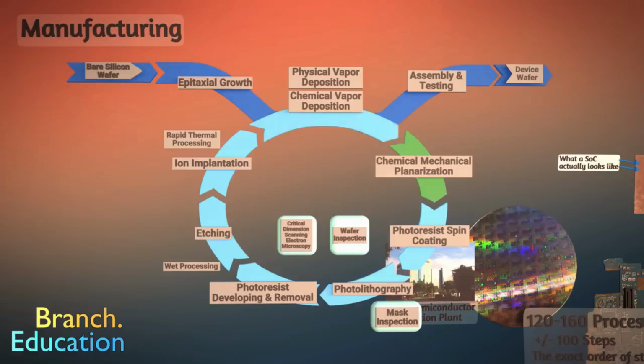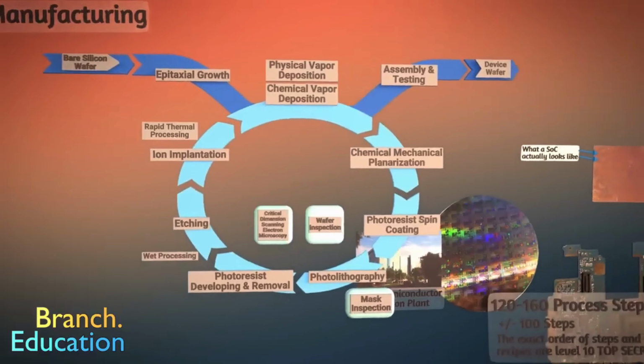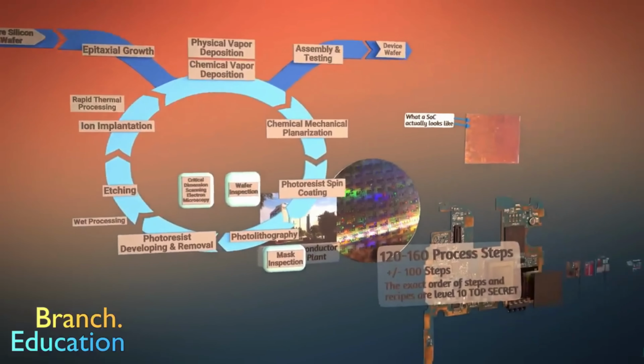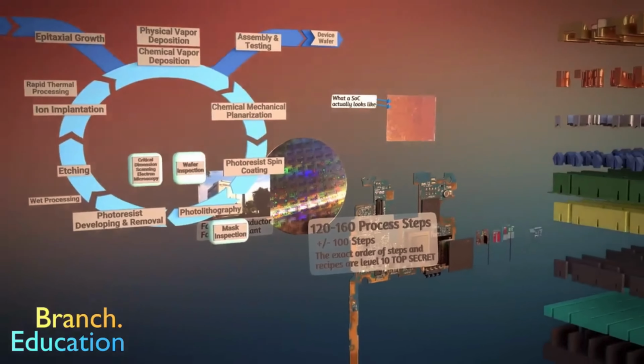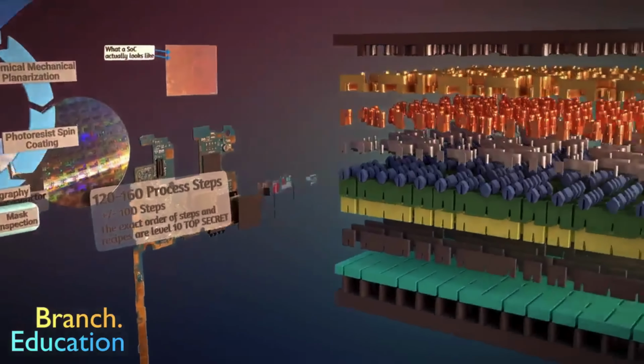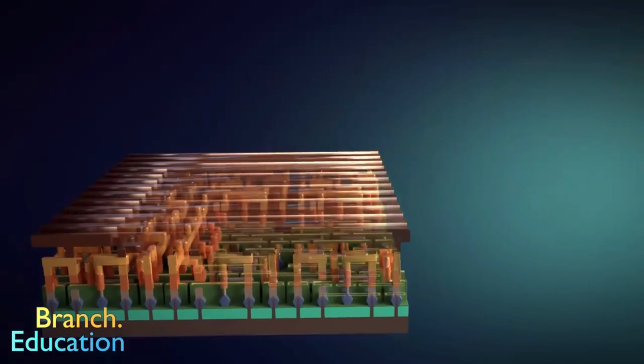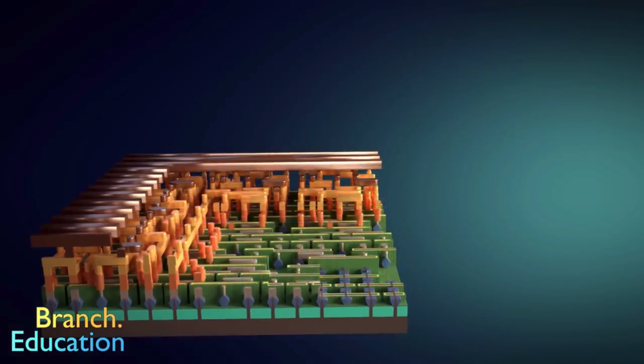As you see, there are only a dozen or so steps, but each of these processes are performed dozens of times in order to build an incredibly complex layout of transistors. But this video is getting too long, so we'll have to save the details of each step for a future video. For now, here's what a nanoscopic view of the SoC looks like.